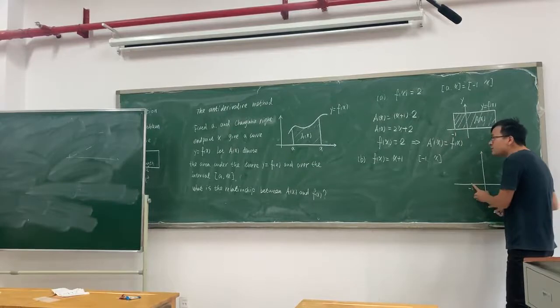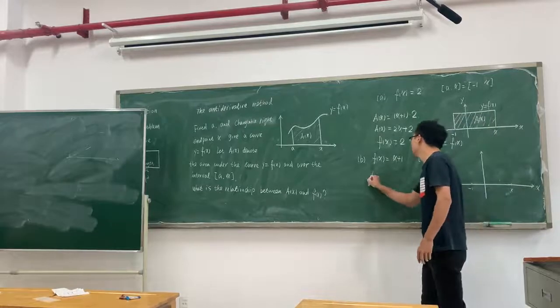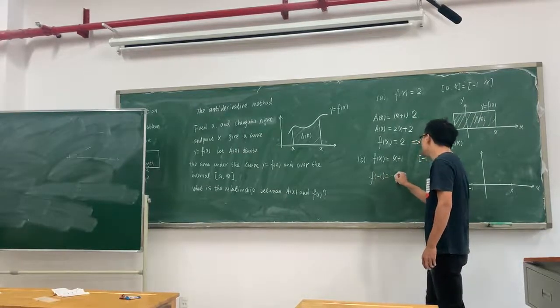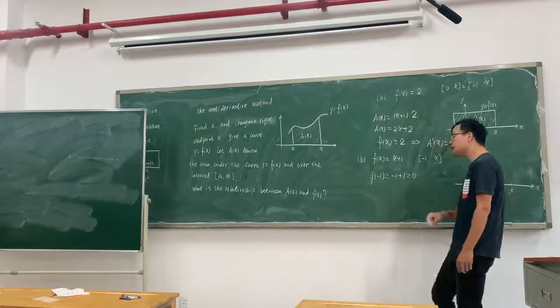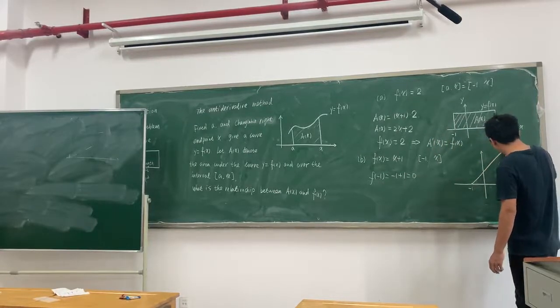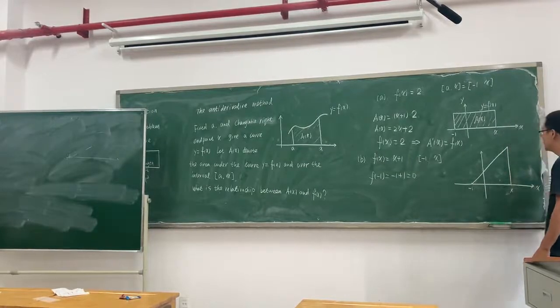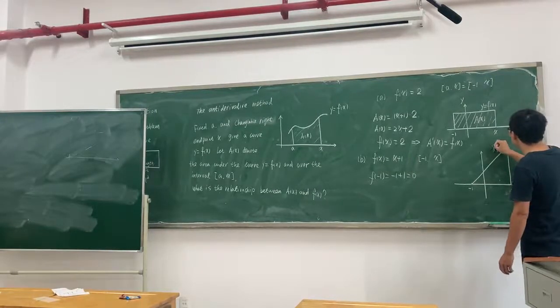When x equals minus 1, f(-1) equals minus 1 plus 1 equals 0. So the function looks like this, y equals f(x).